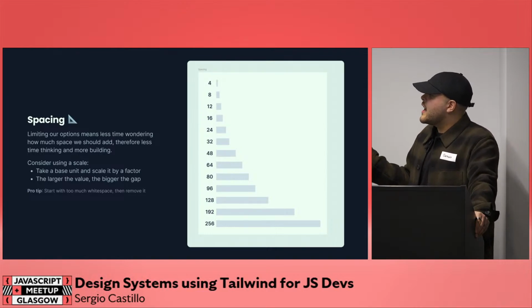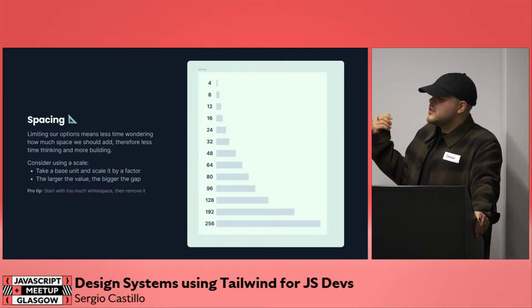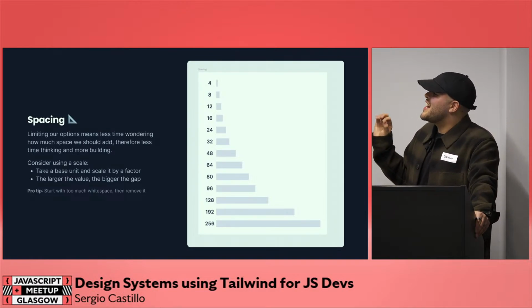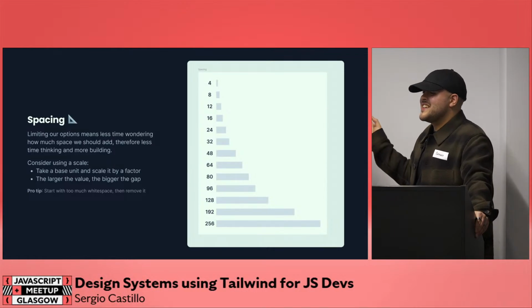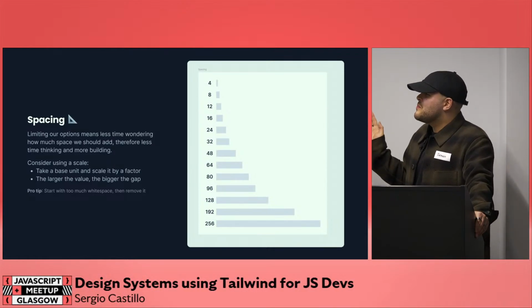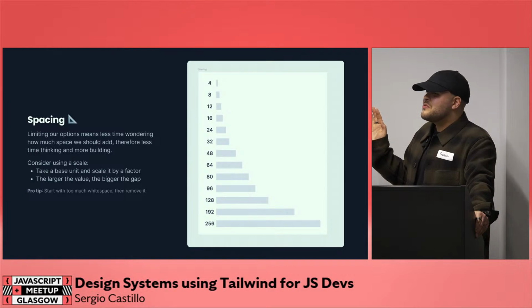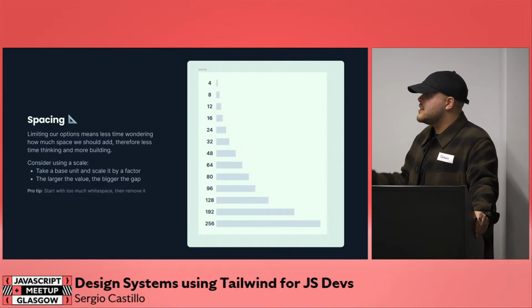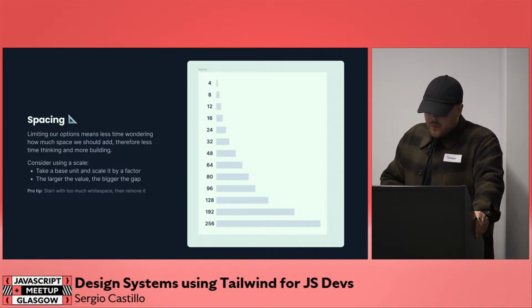But the bigger you get, the bigger the gaps. I can't do math straight from my brain, but I'm pretty sure that between 80 and 96, there are still another few values in between. So you're not going to have an 88 and a 92. You're just going to have 80, then 96, 128, and so on.